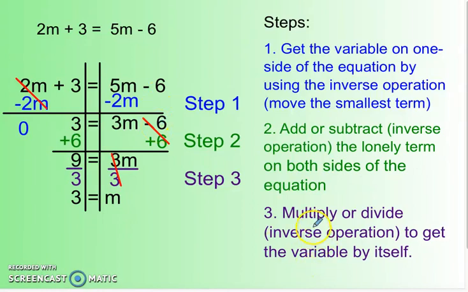And then the next step we did was multiply or divide to get the m, or get the variable by itself. And you know what? I'm going to say that's not the last step because our 4th step was check. We need to check and make sure that our work is accurate and that our solution worked.